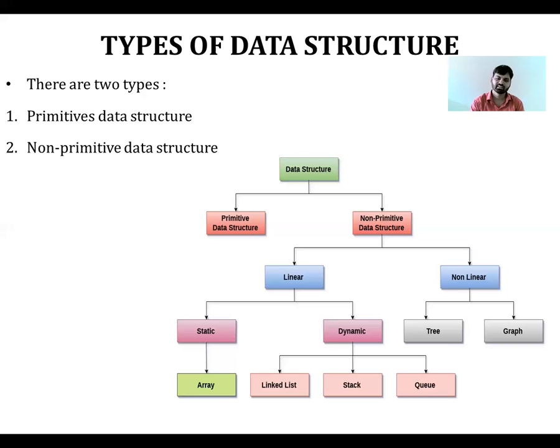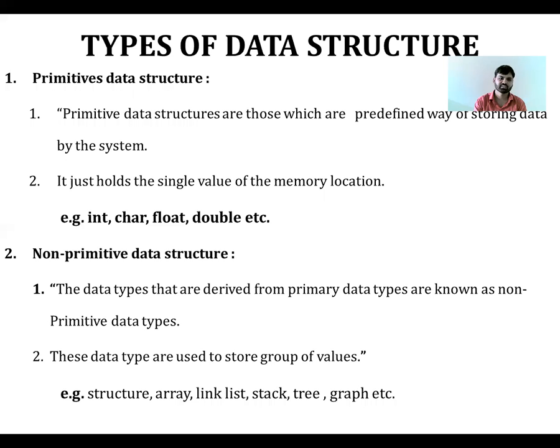Let's start with the definitions one by one. We have also discussed these definitions briefly, but we will also study them in the PPT. What is a primitive data structure? Primitive data structures are those which are defined in the system.